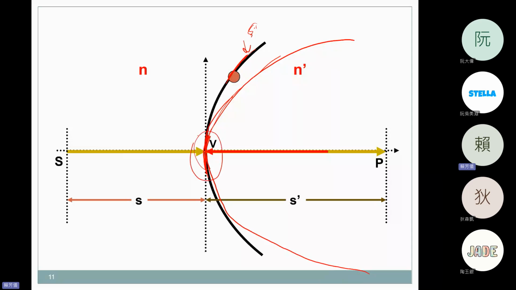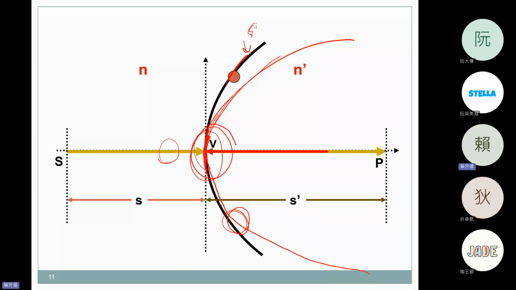In the middle, they will have the same curvature, but far from the middle they will have some difference. So that is why, if your object is far from the middle, the image has a little bending.